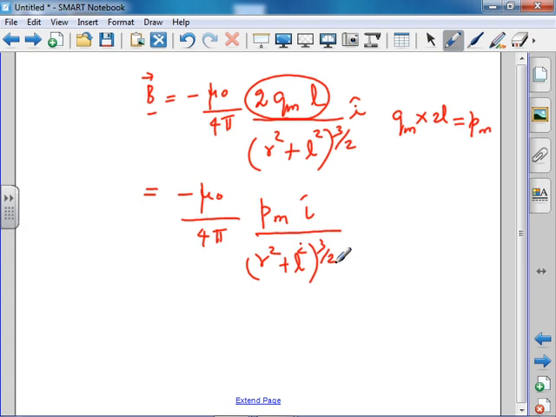Suppose we choose a point at a very large distance compared to half of the magnetic length, that is L. Then this L squared in the power 3 by 2 is neglected, and so we are getting only r squared the whole power 3 by 2. It comes equal to r cube.